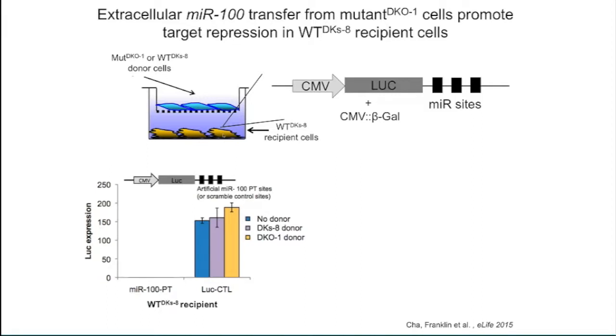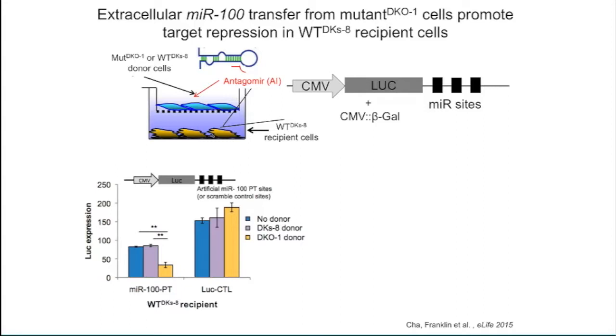And this is an example of that experiment done here to show you that when we set this up, miR100 indeed was transferred, and it would silence the reporter. So when we have perfect miR100 sites, miR100 was exported, and it would lead to this repression in the recipient cells. Okay.